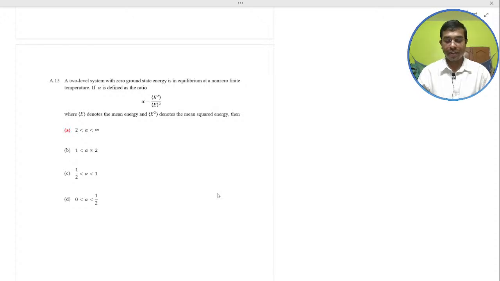From the distribution in thermodynamics and statistical physics, here Z is what? Z is 1 plus e to the power minus beta epsilon. So the expectation of E is minus 1 by Z dZ by d beta.